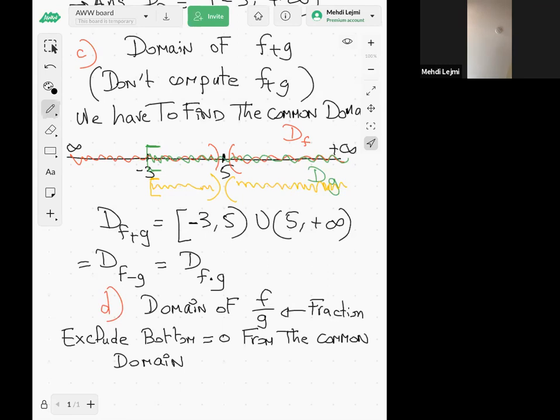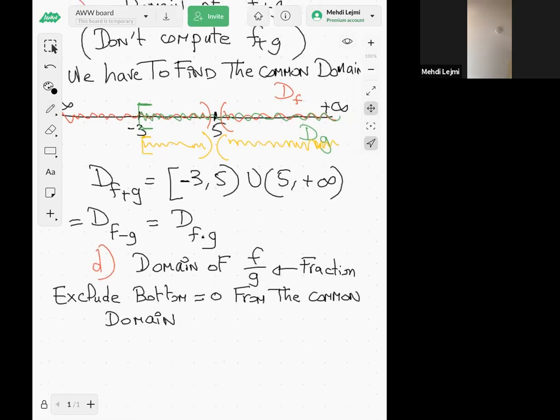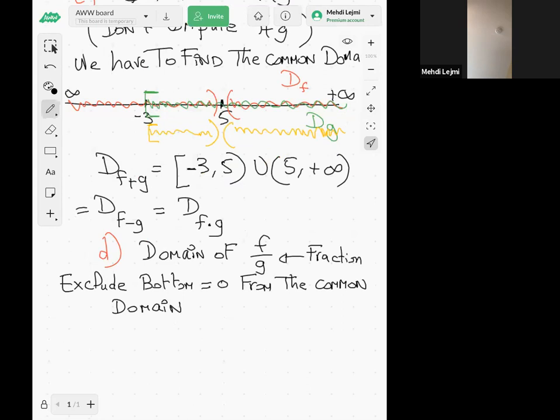So then you have to solve f equal to 0. But here in D, for f over g, we have to solve g equals to 0. So here we have to solve g of x equal to 0, because g is the denominator. So g equals to 0, so that's square root of x plus c equal to 0.